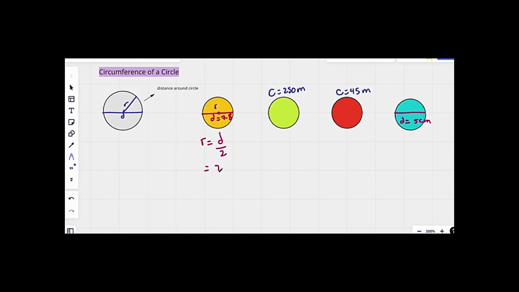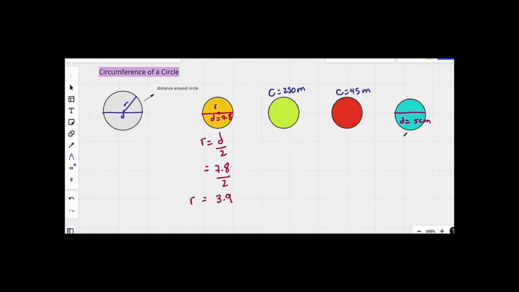So if we have a 7.8 diameter and we cut that in half by dividing it by 2, then we get 3.9, which means our radius is 3.9.